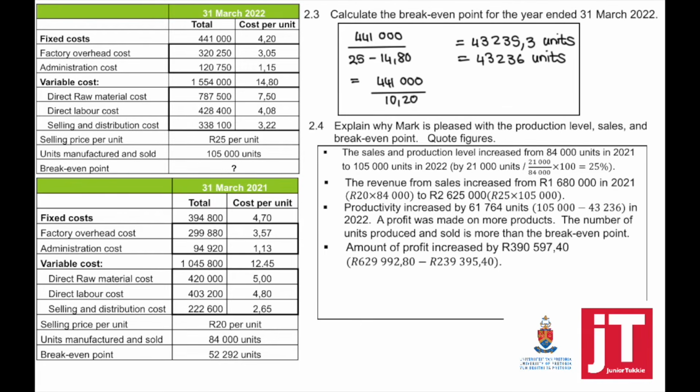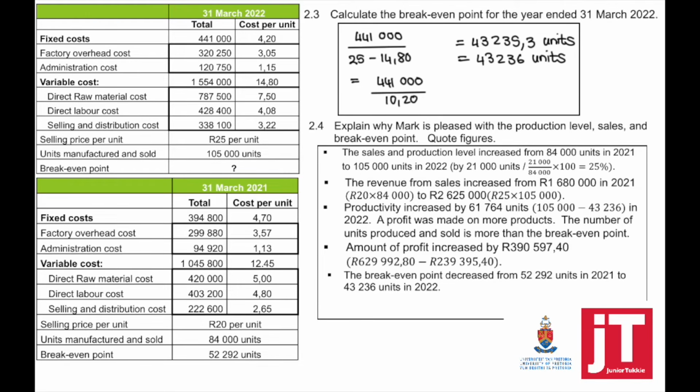Amount of profit increased. So what do you have to do? You have to take the contribution per unit, which is the selling price minus the variable cost, times the number of units manufactured and sold. So the same will need to happen for 2021.